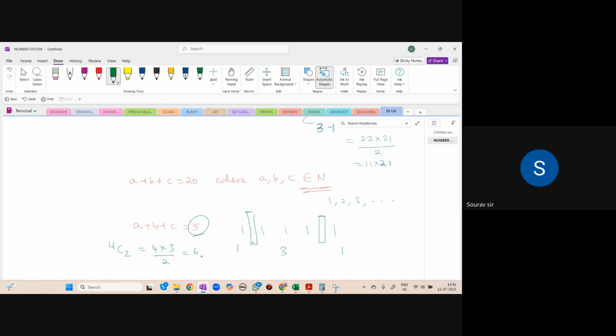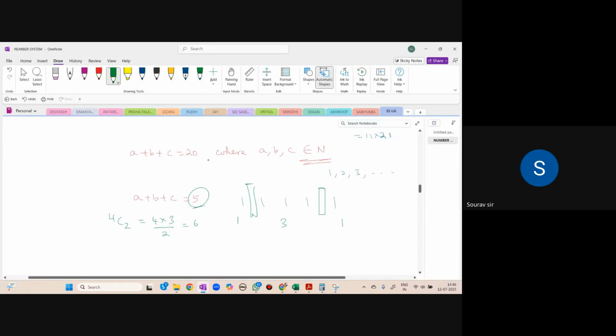Clear? Understood? So if it is natural numbers, then you don't add those 3 places as dummies. Just divide the given number into 3 parts. If the given number is 5, then there will be 4 gaps, and you divide that into 3 parts.